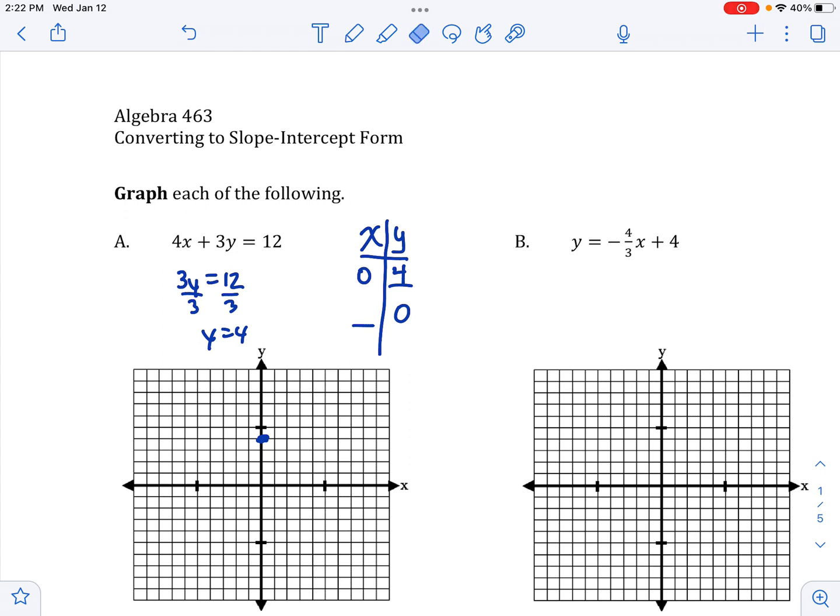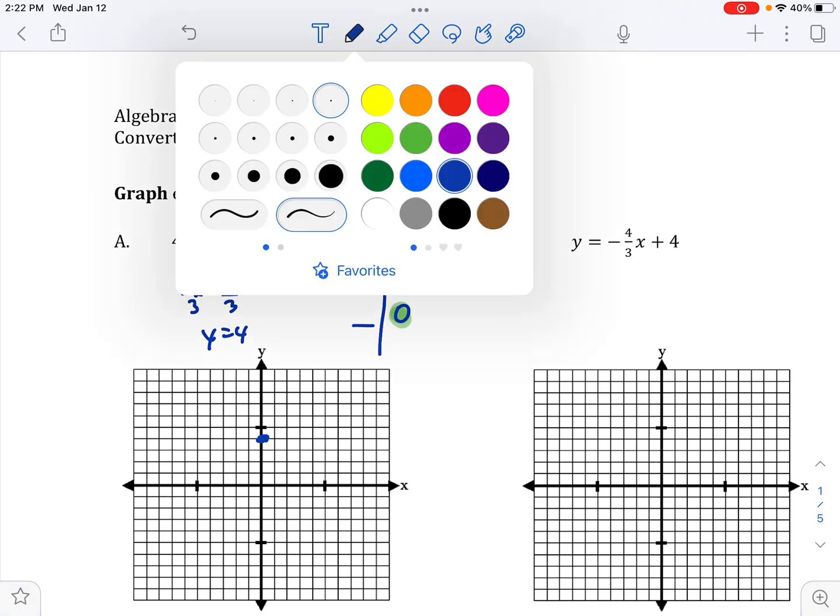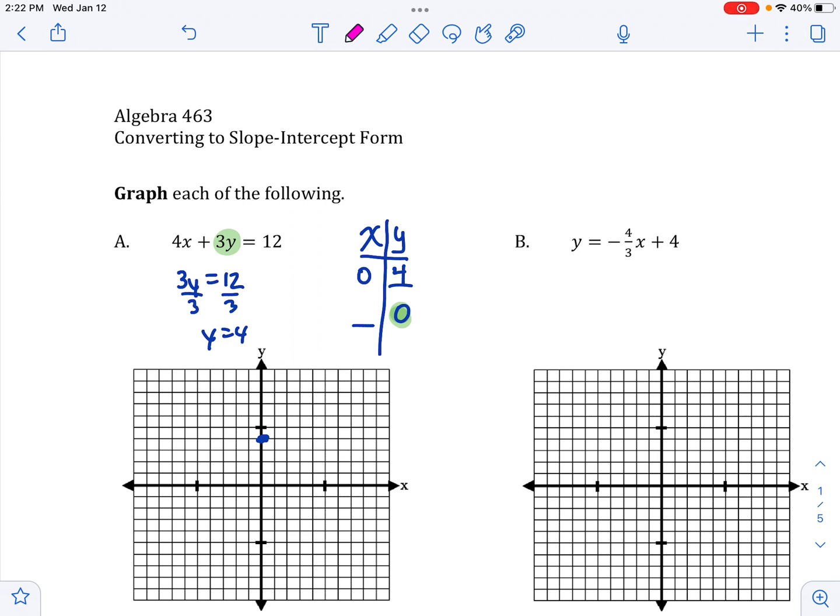Next, I am going to plug in a 0 for my y value, which gives me the equation of 4x equal to 12. And when I divide by 4, I get x is equal to 3. That gives me the point (3, 0), which is right here on the graph. And then from there, all I need to do is connect my 2 points to create a line.